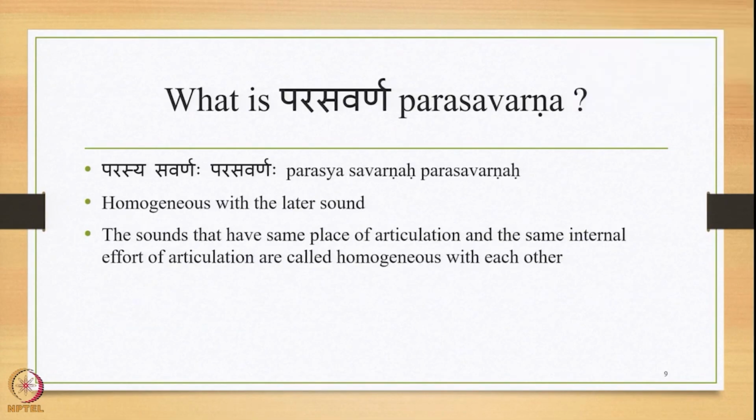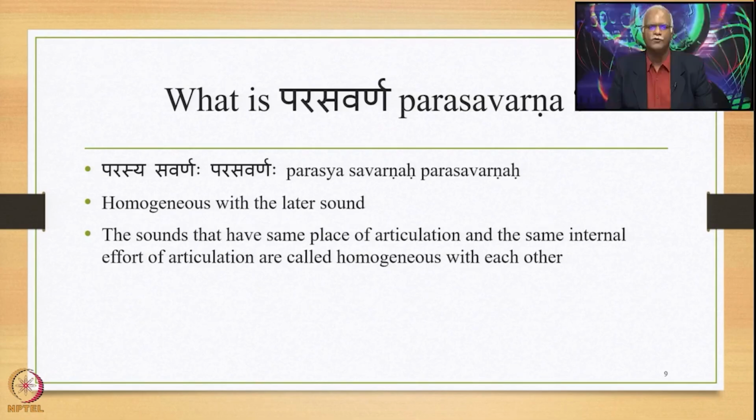The next question is, what is parasavarna? The word parasavarna is derived of two components, para and savarna. So, parasya savarnaha parasavarnaha. Para is latter, savarna is homogeneous. So, the sound which is homogeneous with the latter sound is parasavarna.